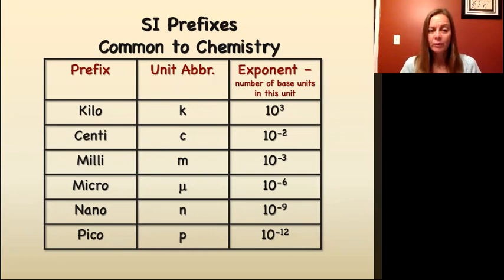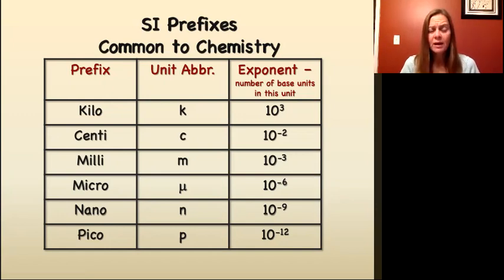There's micro, abbreviated with this little symbol that looks like a cursive U. It's actually a Greek letter mu, and there are 10 to the negative sixth base units in this unit. We'll also use nano, abbreviated with lowercase n, and that's 10 to the negative ninth. And we will use pico, abbreviated with a P, and it's 10 to the negative 12th.